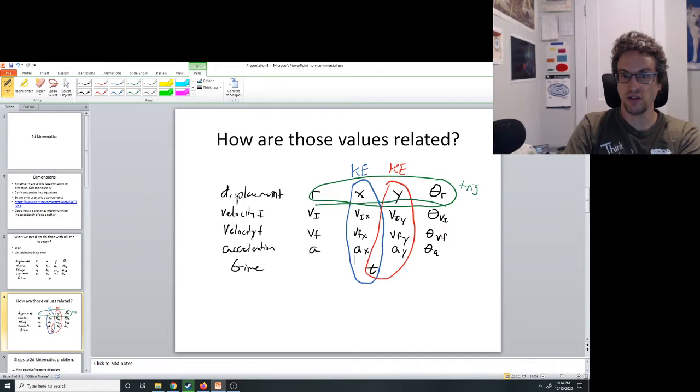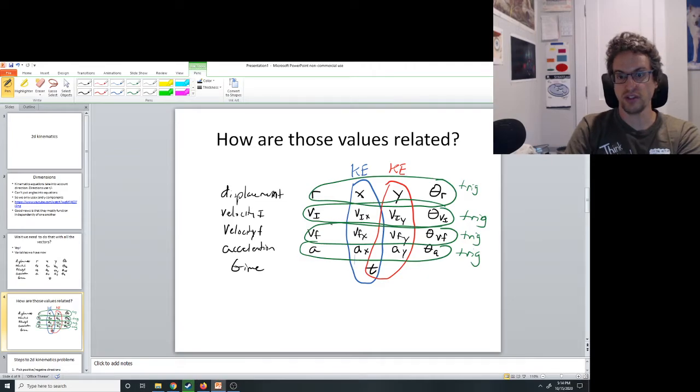All of these can be related through trig. This is exactly what we practiced with vectors the other day. Now you'll notice, you cannot associate these 4 values.